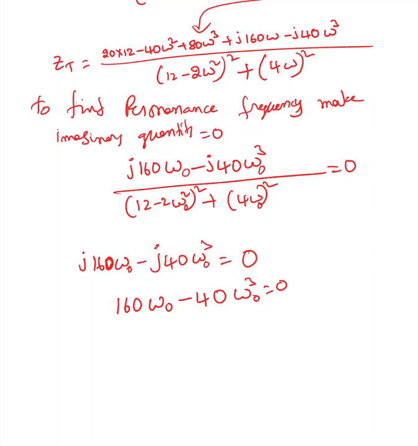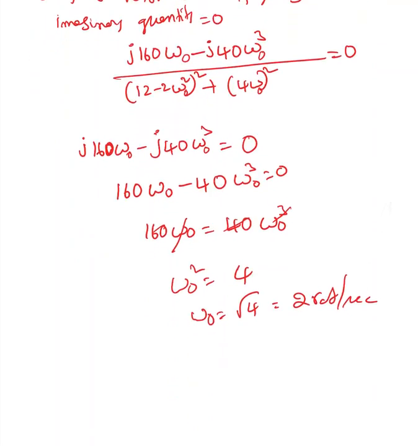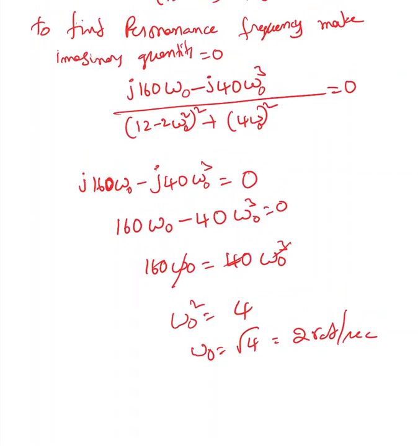Okay, so now 160 omega naught equal to 40 omega naught cube, omega naught gets cancelled out, and 160 over 40 is 4. So omega naught square equal to 4, omega naught equal to square root of 4, which is 2 radians per second. I'm ignoring the negative term because angular frequency will not have any negative term.